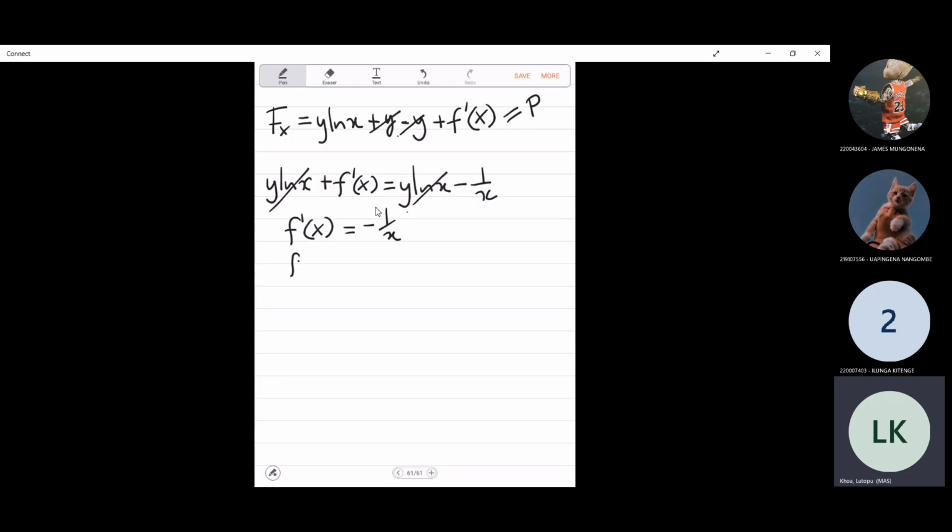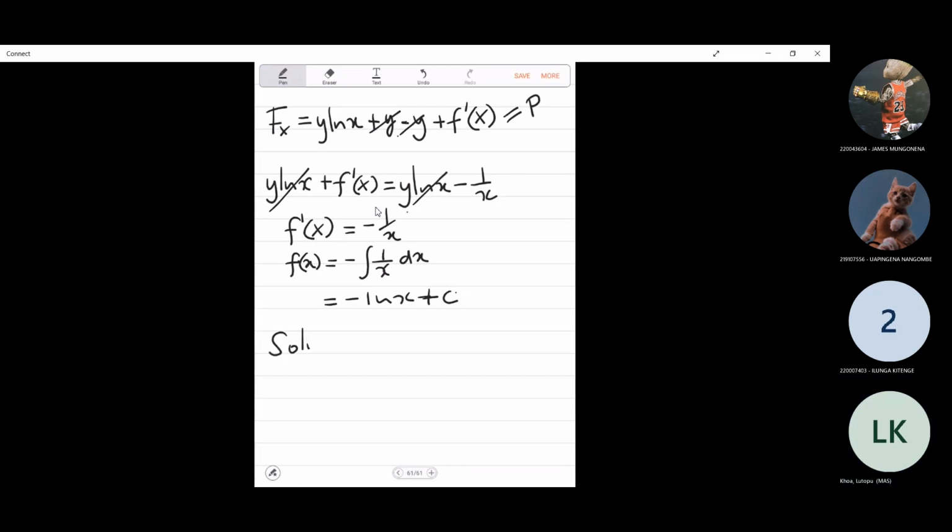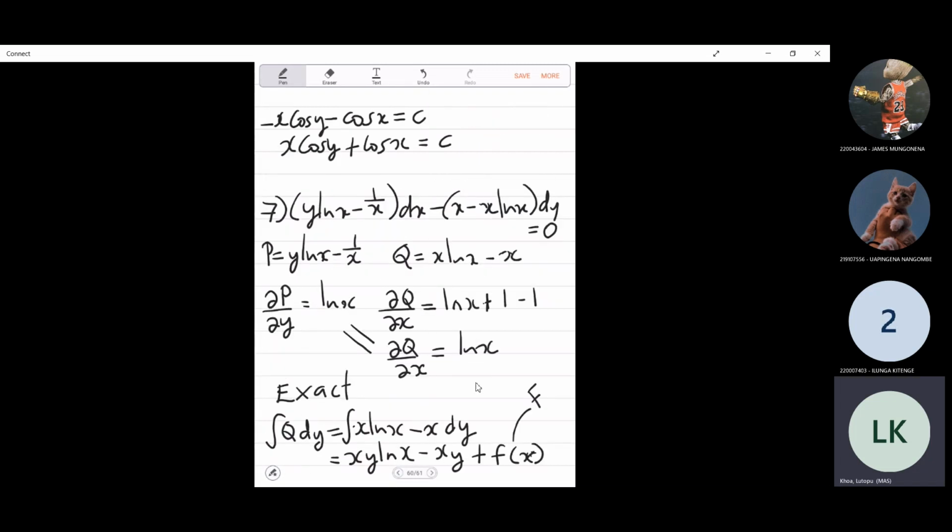And this means that f of x is equal to minus the integral of 1 over x dx, which is minus ln of x plus a constant of integration. So now I write down my solution. So the solution will be xy ln of x minus xy.